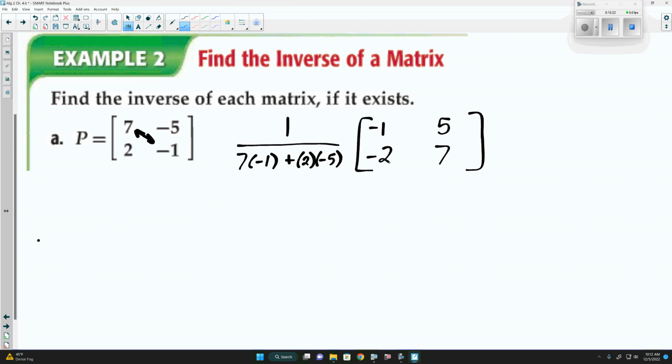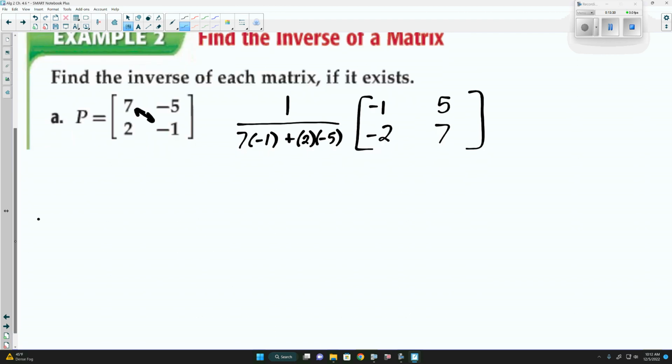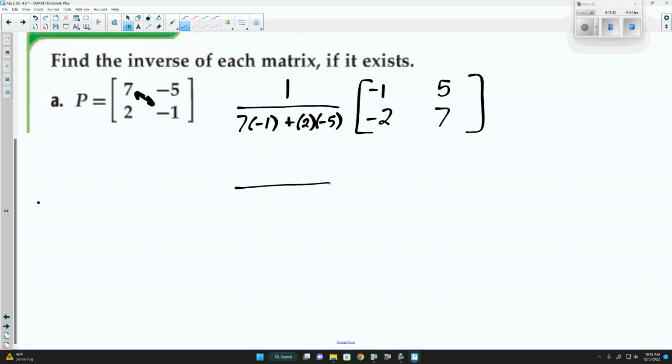We just need to simplify. For the determinant, 7 times negative 1 is negative 7. 2 times negative 5 is negative 10. The matrix is negative 1, 5, negative 2, 7.